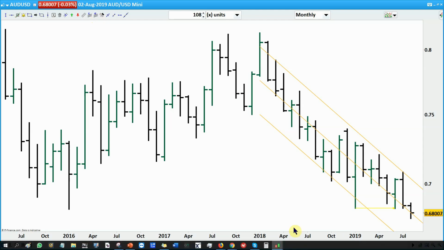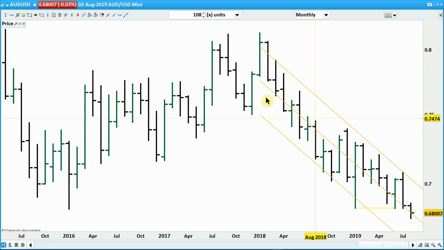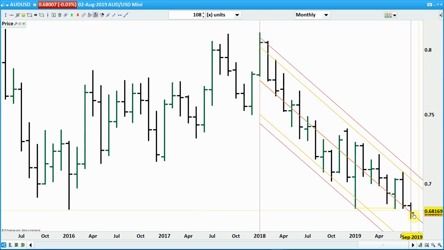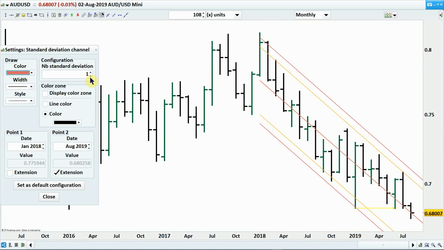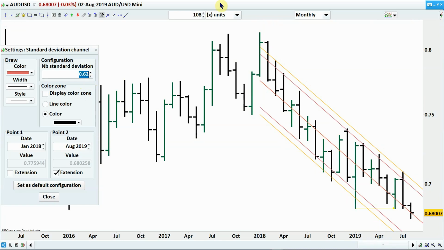So this one is drawn as a standard deviation channel from here to here. This channel in front of us is drawn as 1. Yeah, so if we change this to 0.618, it will not be exactly like that, so it will be 0.786, so it will match like that. So it depends on the best fit.